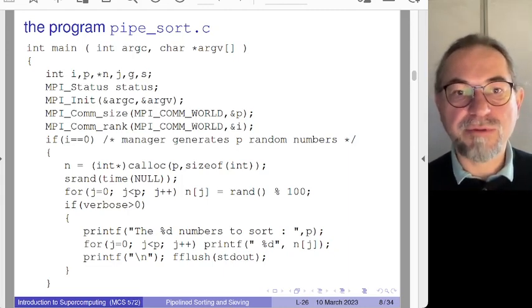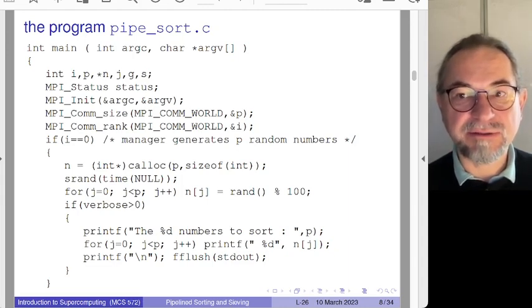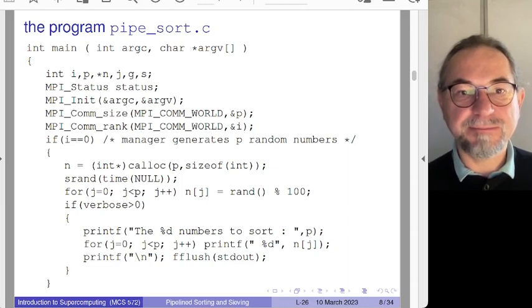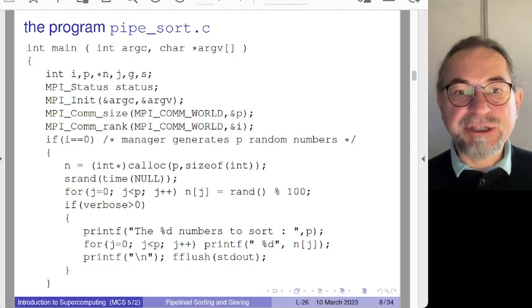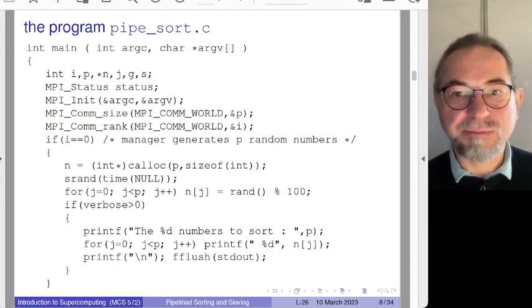P is the total number of processors. N is the data that resides at the manager node, and that exists only at the manager node because this is only allocated there. Then we have the G and the S. So this will be the received number G, the gotten number in the function, and then there is the smallest number S.